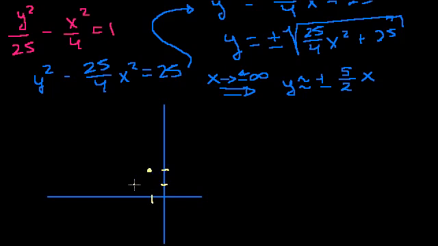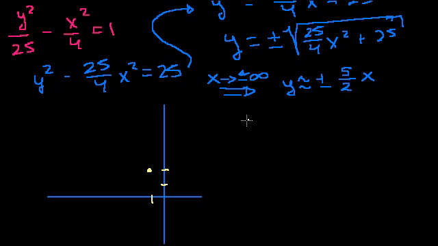That's the center. This would have been the two asymptotes if we were centered at 0, but now this tells us the slope of the two asymptotes. The asymptotes are going to intersect at the center of our hyperbola, so to speak.